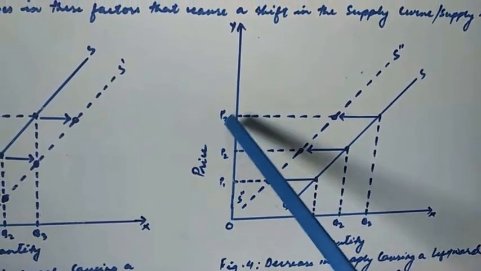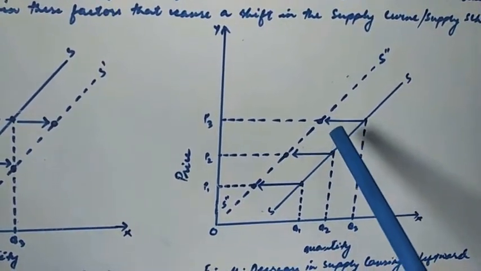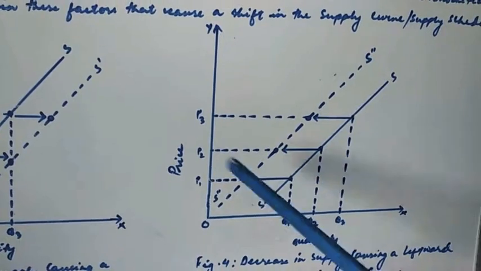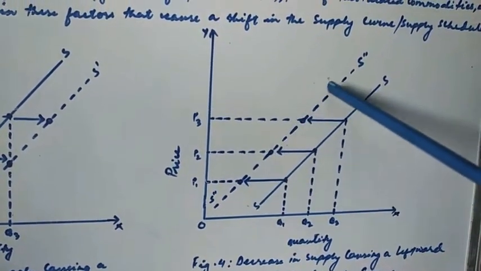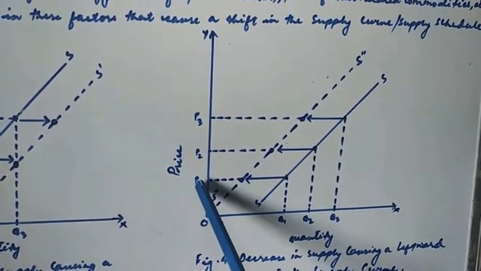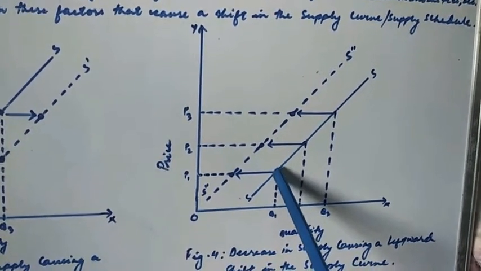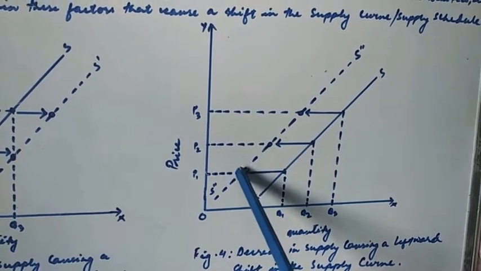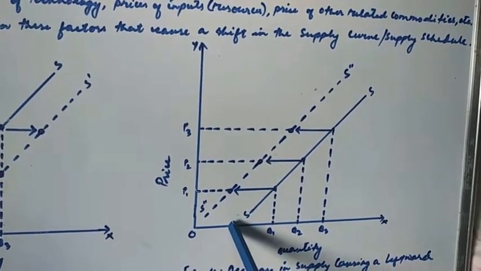the quantity supplied at S' S' has declined. See, at the same price P1, let us say earlier it was supplying Q1. Now it has reduced to this much amount of quantity being supplied.